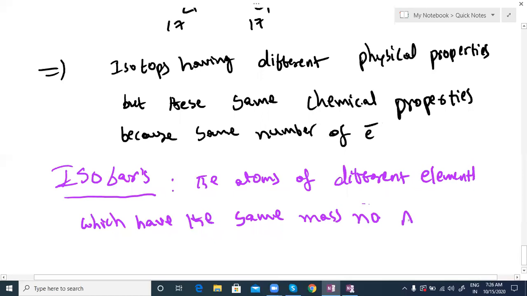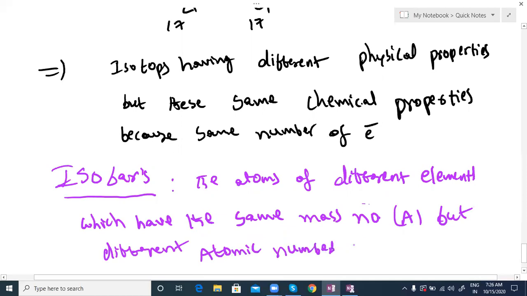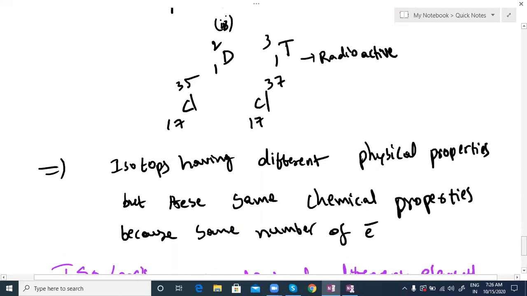Same mass number means A is the same, but different atomic number, nothing but Z.